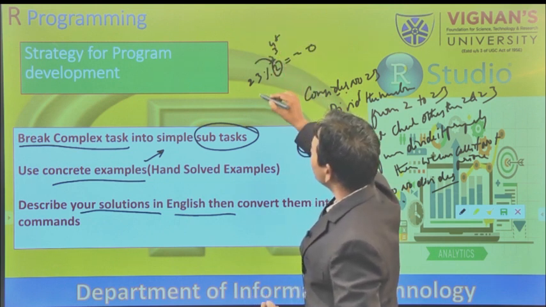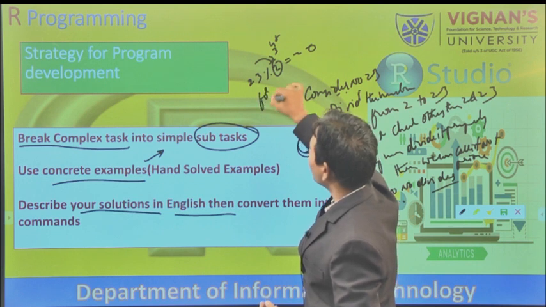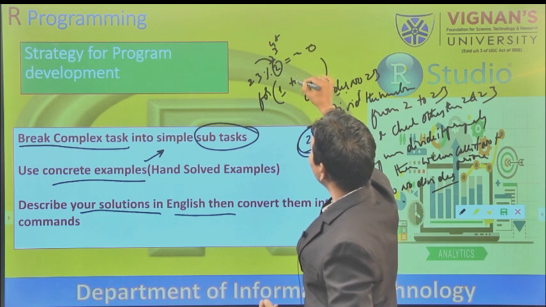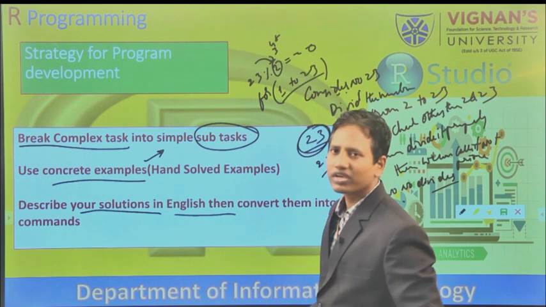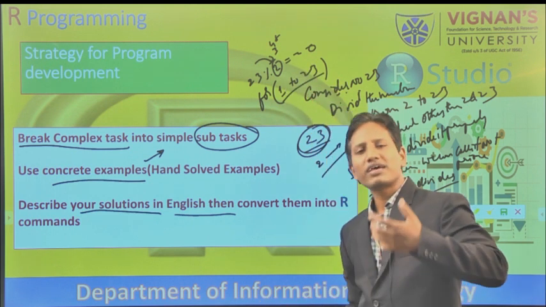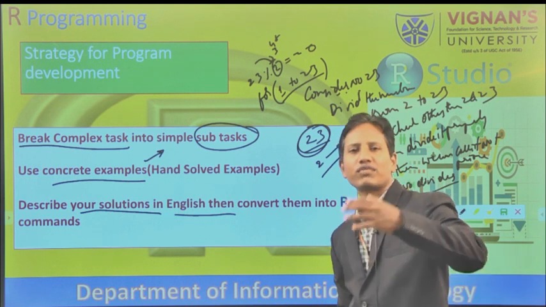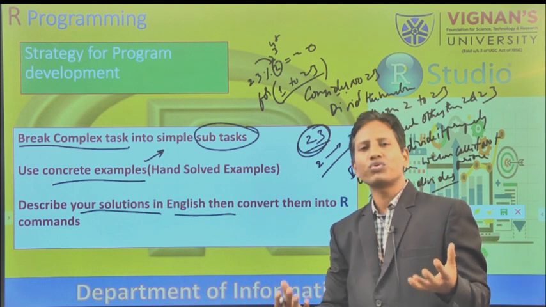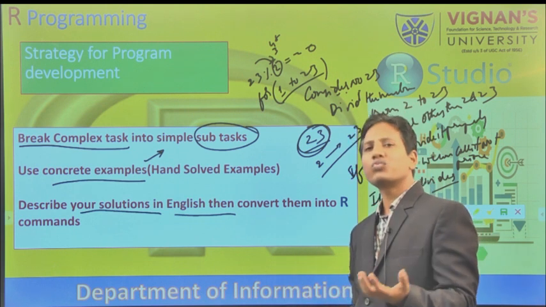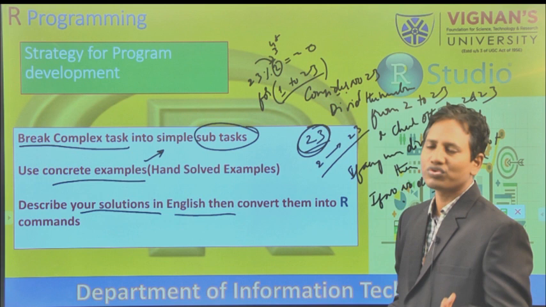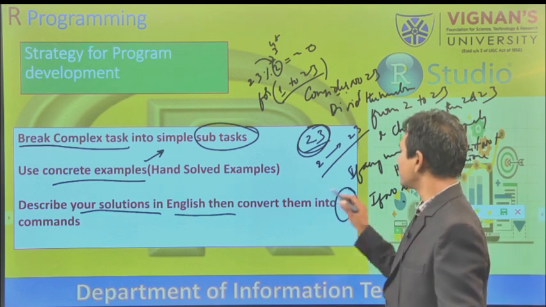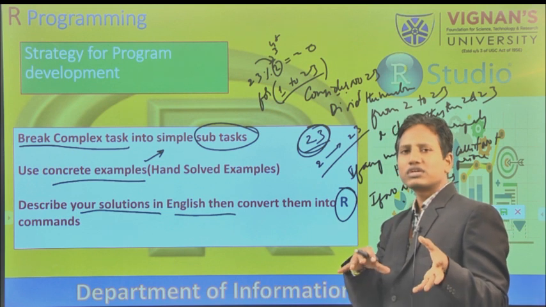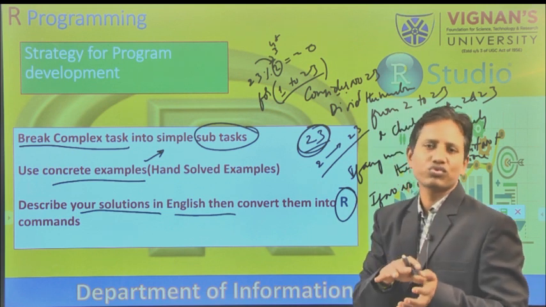To do this we have to use a for loop kind of thing, going through 1 to 23 numbers to check. Like this, step by step we have to analyze and write it down in English words. Then we are going to get some idea. Later, whatever programming language you use, you have to convert it. In our case it is R language, so we are going to convert those English language steps into R code.